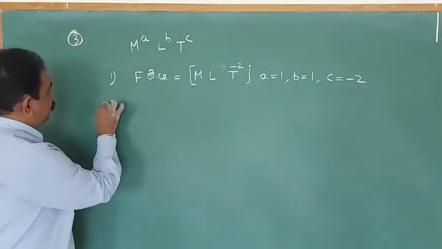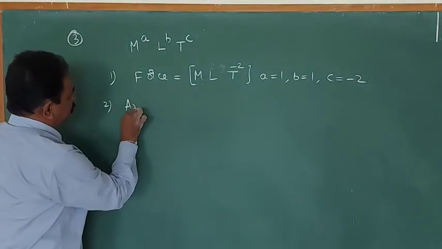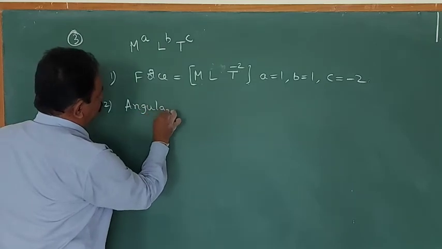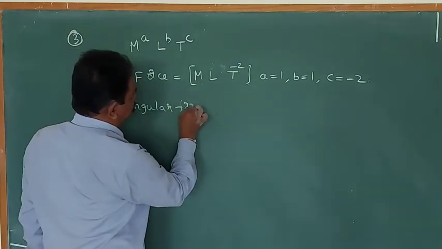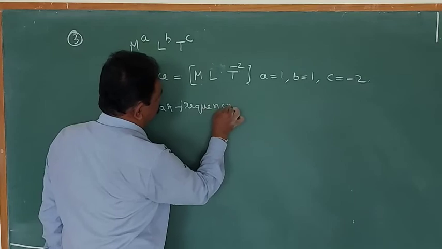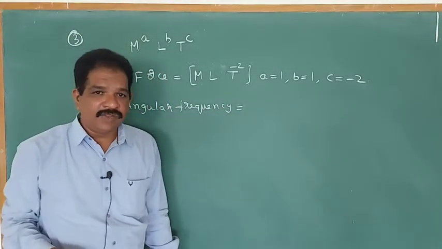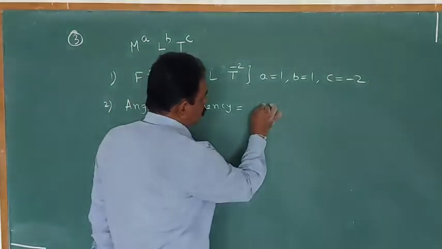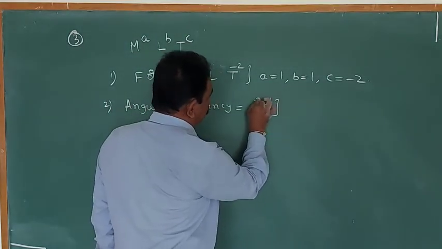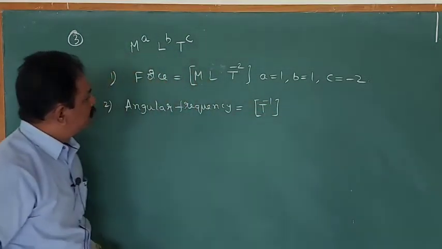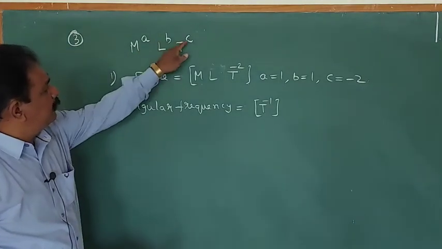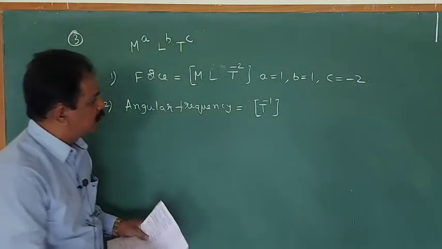Second, angular frequency. 1 by time period is called the angular frequency. So T power minus 1. So what are the values of a, b, c when we compare this one?